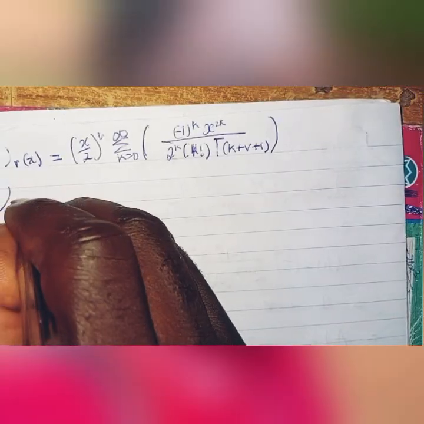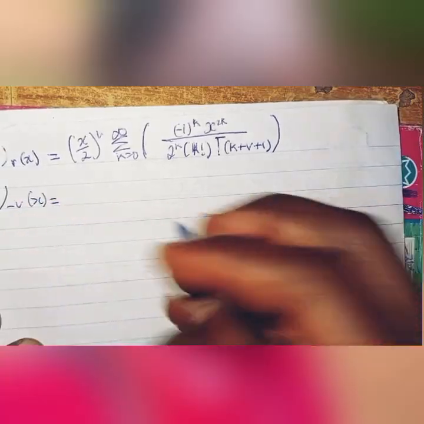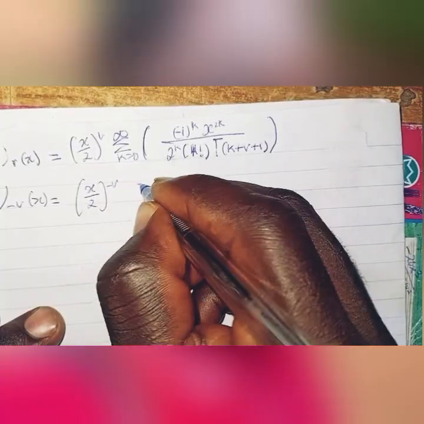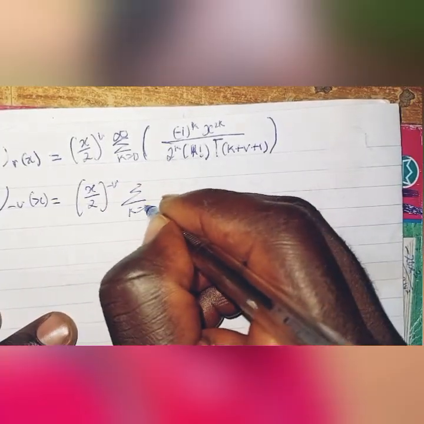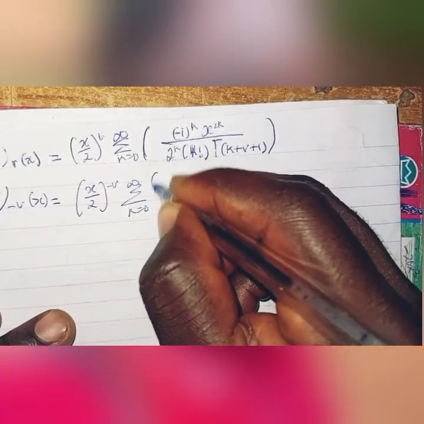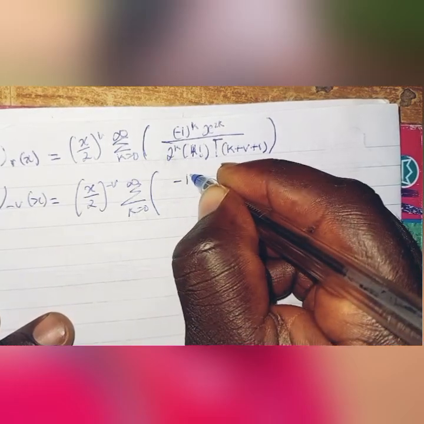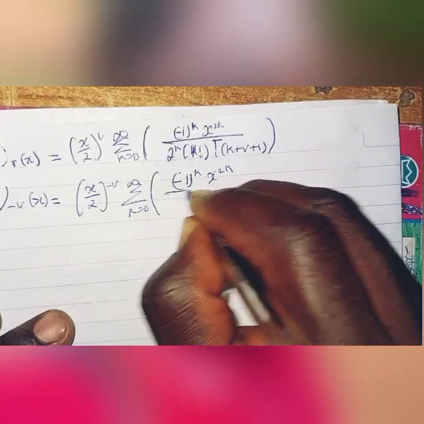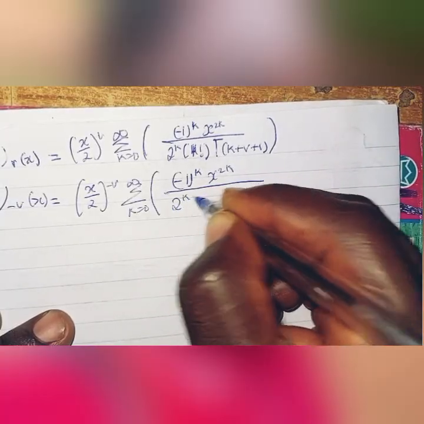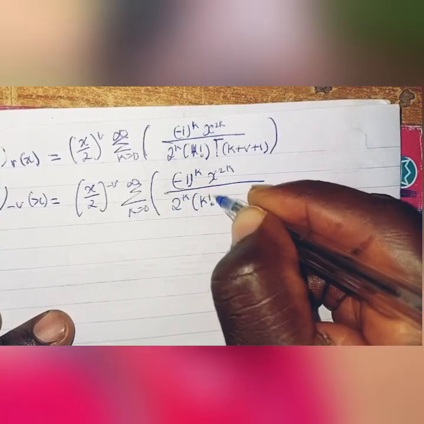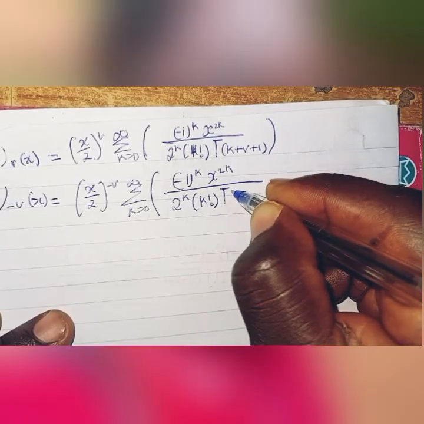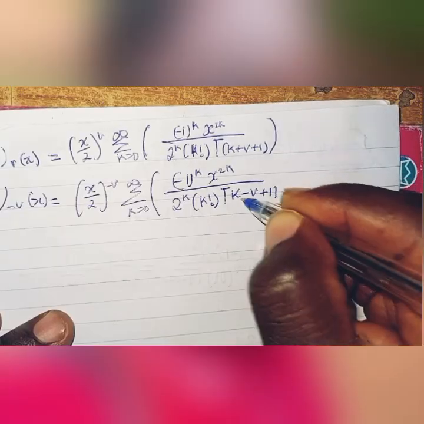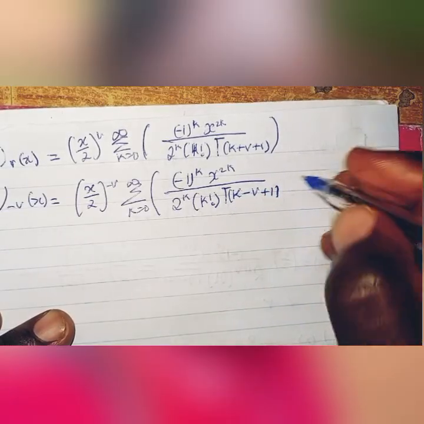When J minus v function of x equals x over 2 raised to power minus v, summation k equals 0 to infinity, so we have minus 1 raised to k, x raised to power 2k over 2k, k factorial, then this one will be gamma k minus v plus 1.